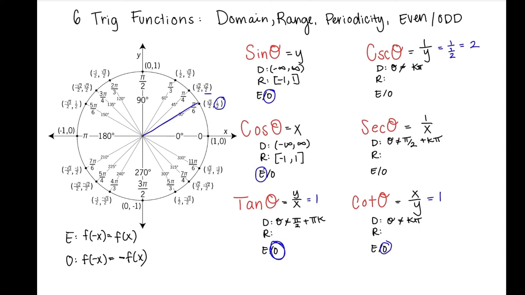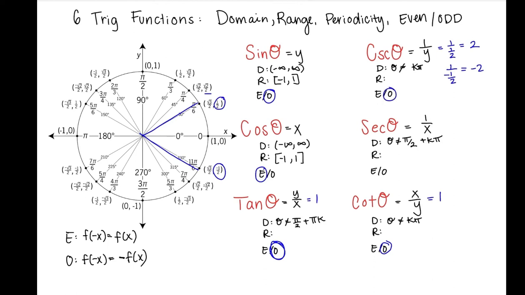Okay, now I'm going to look at cosecant of negative 30 degrees. If I get a positive 2, this will be an even function. If I get a negative 2, this will be an odd function. Okay, so looking at this, I'm going to have negative 1/2. 1 over negative 1/2 simplifies to negative 2. This is an odd function.